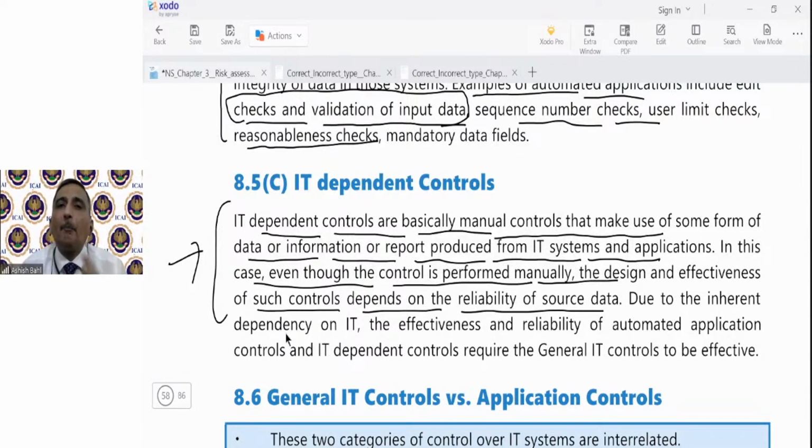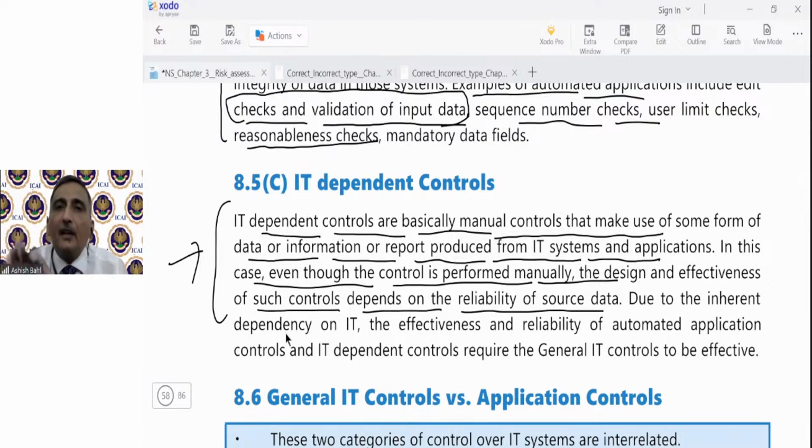Second is application controls. Application controls, you have to understand, operate at the level of the application. These may relate to data validation.